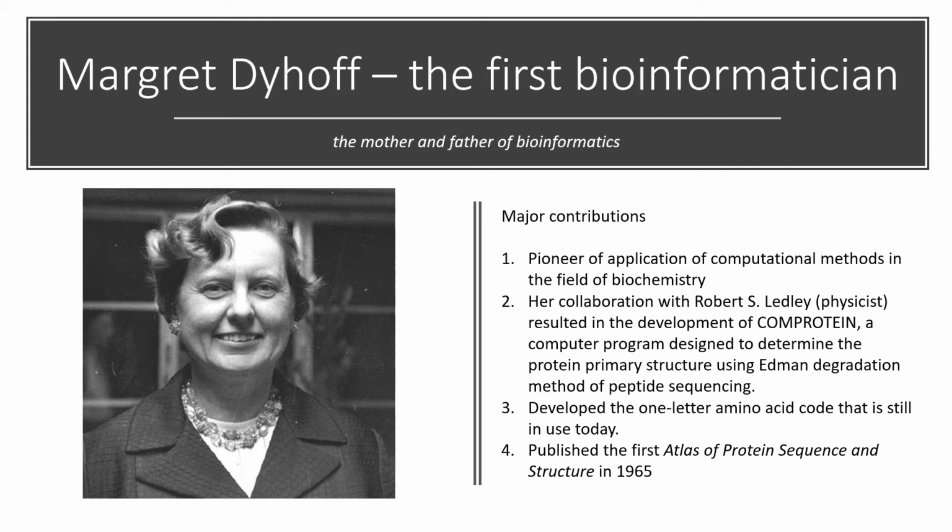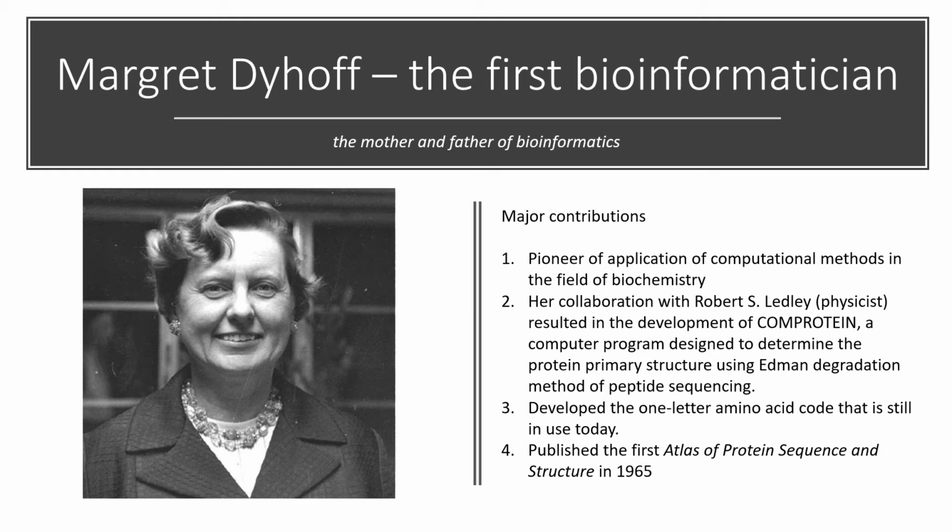Briefly, a protein is cleaved or broken down into smaller fragments, and then those fragments are sequenced. After sequencing of those different fragments, they are aligned with each other to see what the sequence of the protein actually was. So COMPROTEIN was the first computer program designed to determine the protein primary structure.